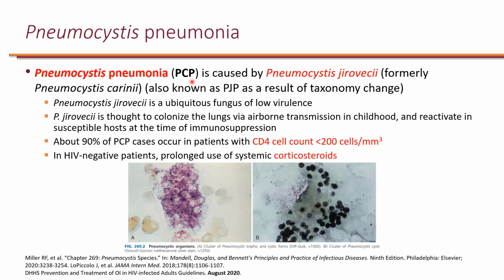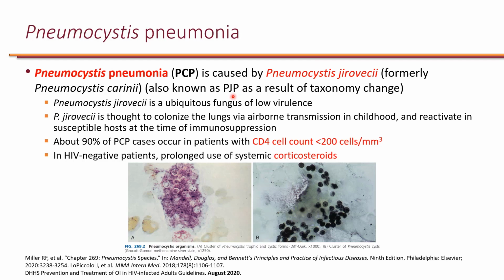So PCP, which some people call PJP because of this change in nomenclature. It used to be PCP, the C used to stand for carinii, but because the taxonomy was changed, you may see the abbreviation PJP.